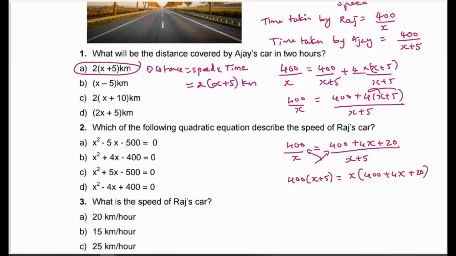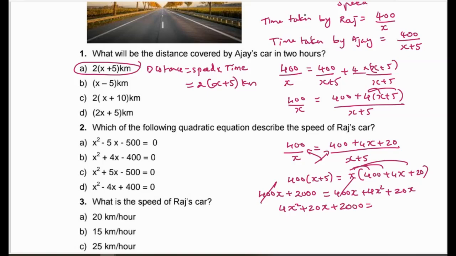So removing the bracket we get 400x plus 5 fours are 20, that is 2000, equals 400x plus 4x square plus 20x. So multiplying x to all the terms, we get 400x cancel. So we get 4x square plus 20x minus 2000 equals 0.